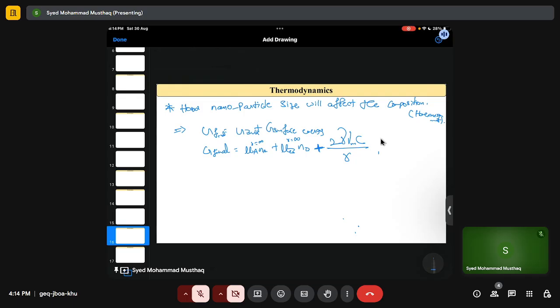Now dG final upon dNA will be mu A minus mu B at R equals infinite plus 2 gamma times dA by dNA.